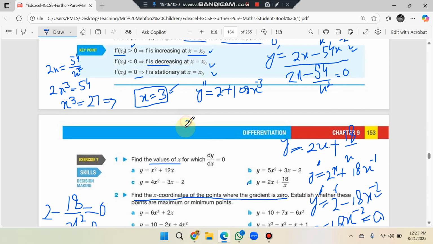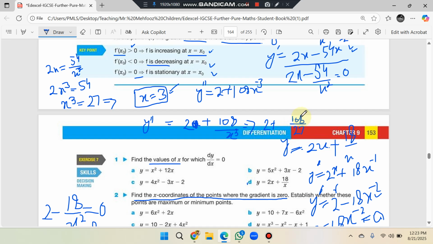Okay, so after that we just put the value of x into this equation. We simplify this equation like 2 plus 108 over x cube. So if we put x is equal to 3 into y double prime, it becomes 2 plus 108 over 27, because 3 cube is 27.